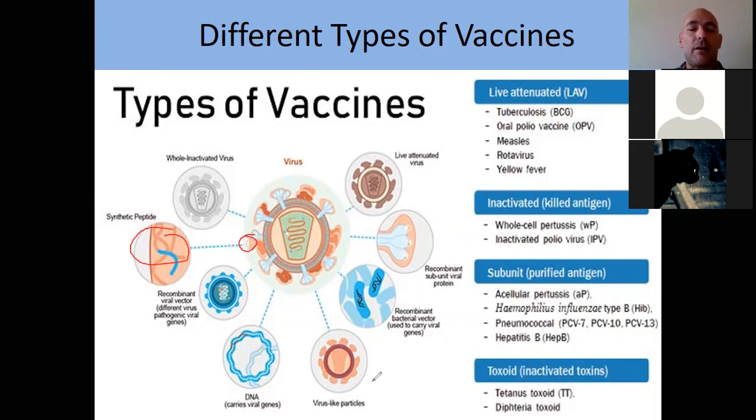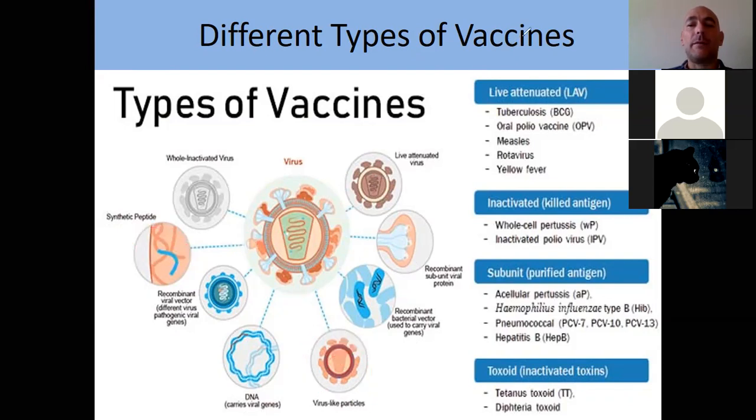It can be a virus-like particle, so it could be a polymeric type of particle that has genetic material inside or only has the protein outside. So anyway, depending on what you want to focus on, the genetic material or the surface of the virus, you can use different types of vaccines. Yeah?